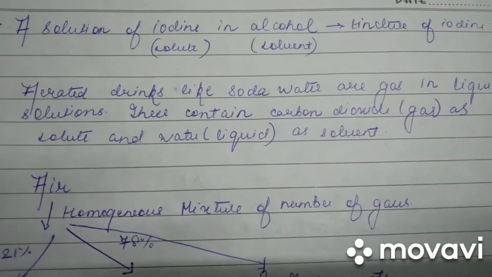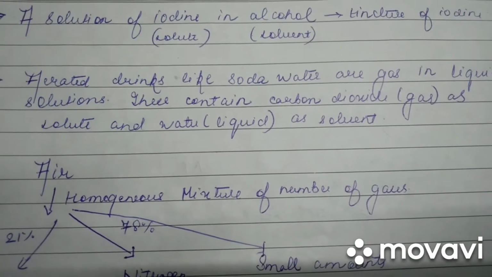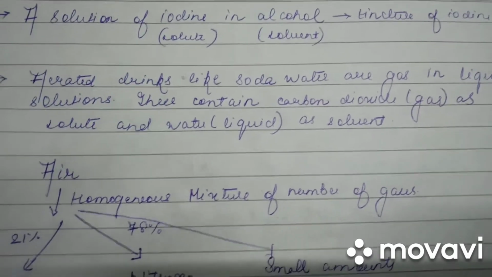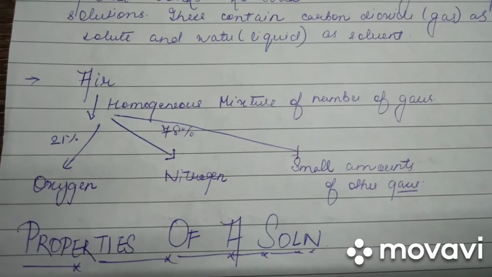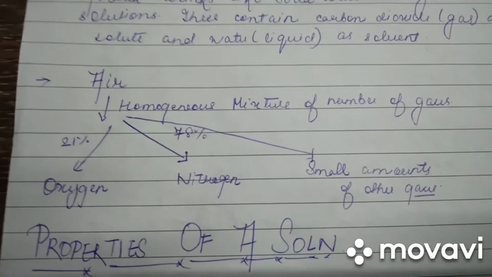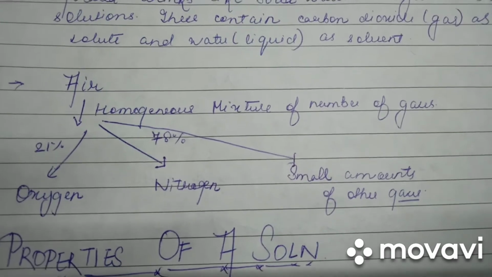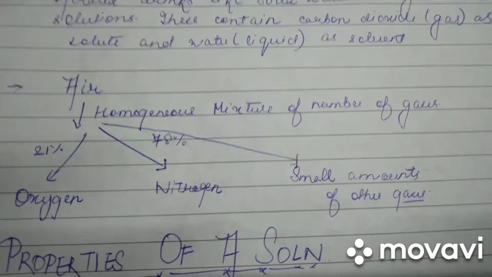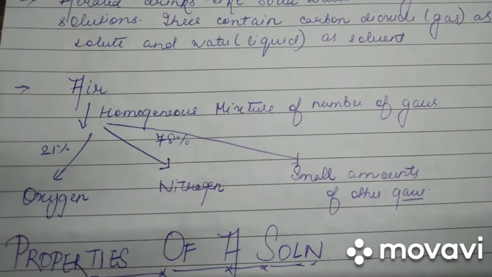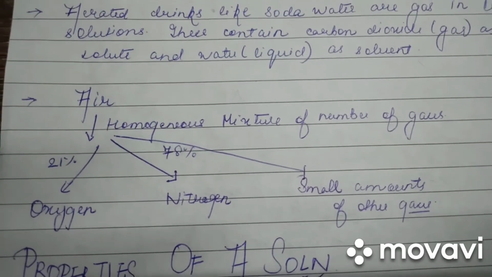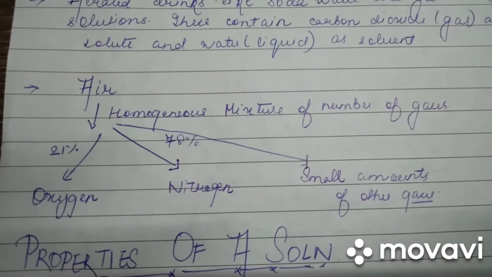These contain carbon dioxide gas as solute and water as solvent. Moving on. Air is a homogeneous mixture of number of gases, 21% of which comprises of oxygen, 78% of which comprises of nitrogen, and the remaining is the small amount of other gases.